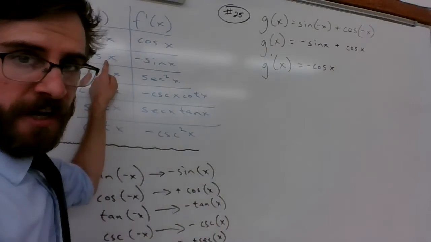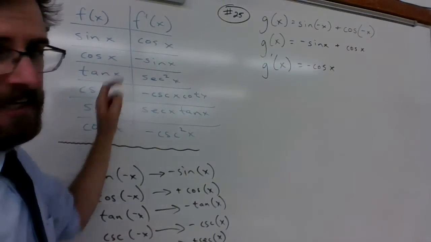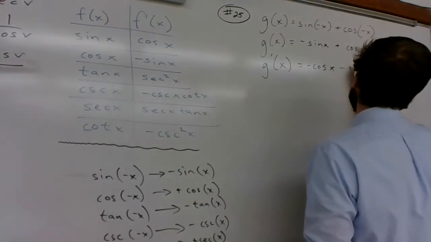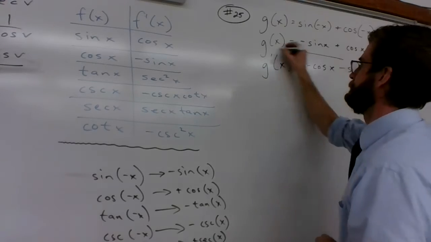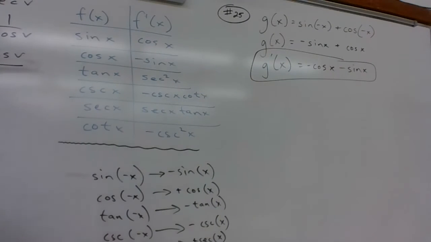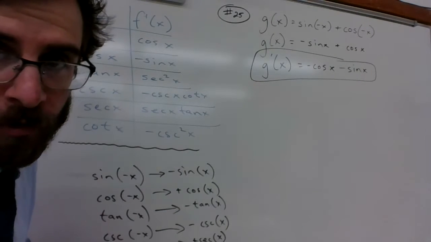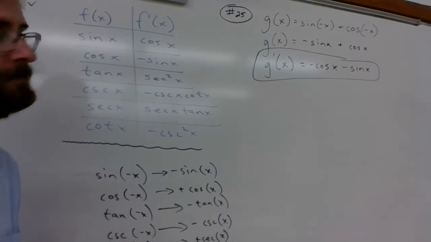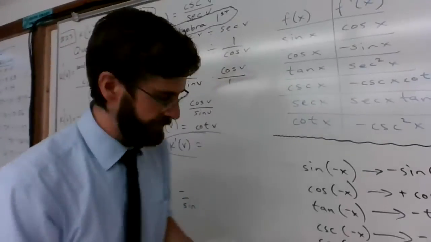A positive cosine would give me a derivative of negative sine. And that's it. All right, I got one more for you, then I'm done. Let's use this space.